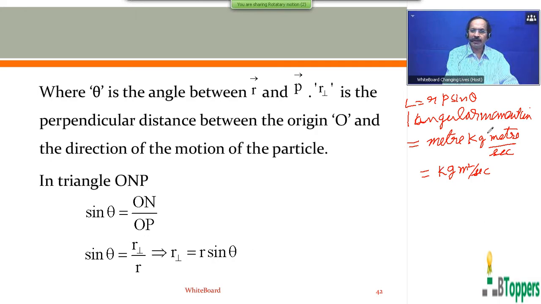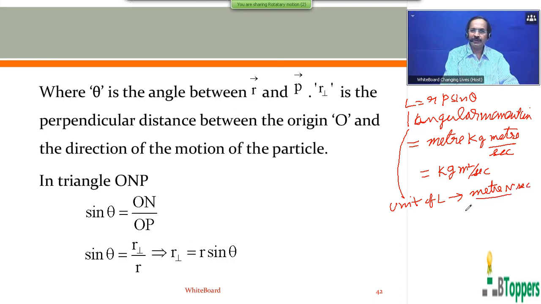You can also write the unit of linear momentum, as you studied in Newton's laws, as Newton into second. So the unit of angular momentum, denoted by capital L, can be written as the unit of R, that is meter, into the unit of linear momentum, Newton into second.